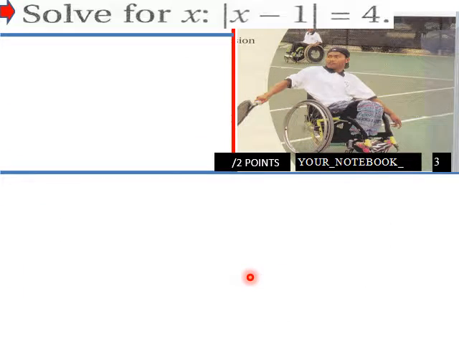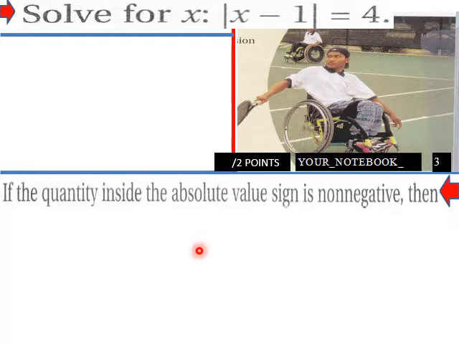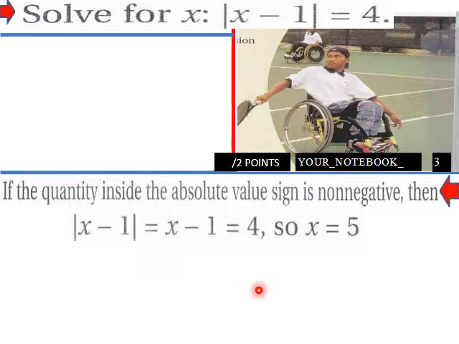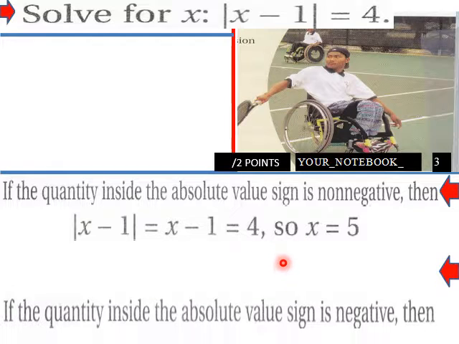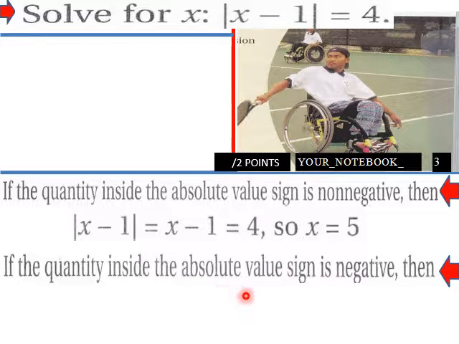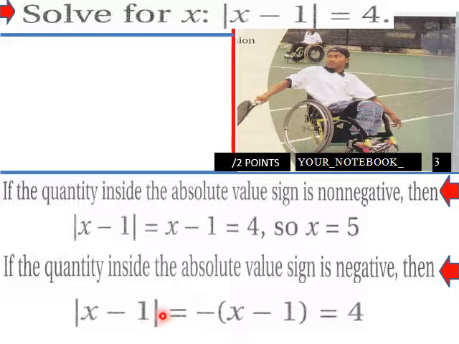We go on to an example. Solve for x: |x minus 1| equals 4. If the quantity inside the absolute value sign is non-negative, then x equals 5. If the quantity inside is negative, then we put a negative in front of the parentheses.